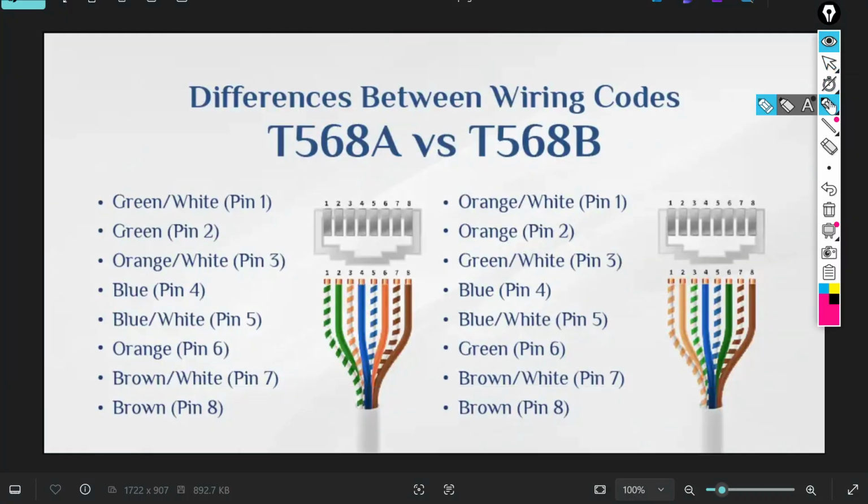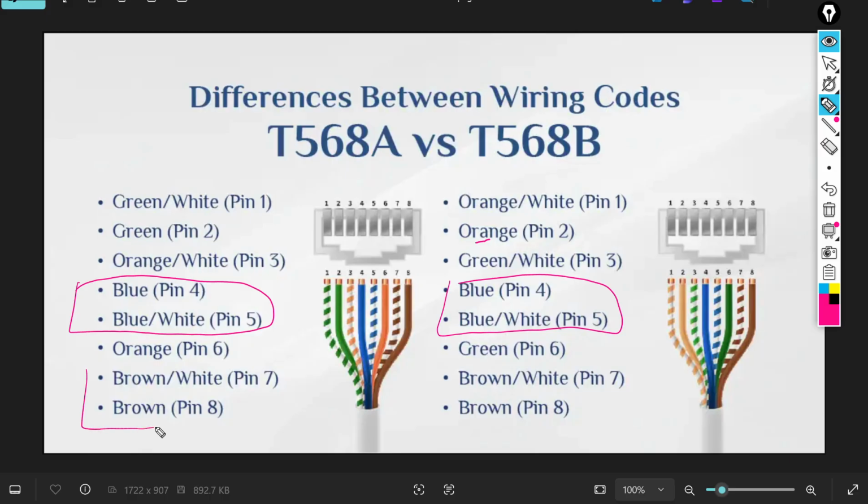In 568B, first is white orange, second is orange, third is white green, next blue, white blue, green, white brown, brown. Here, the fourth and fifth pins are the same in both 568A and 568B: blue and white blue. And here also the same, 4 and 5 are the same, and 7 and 8 are the same.